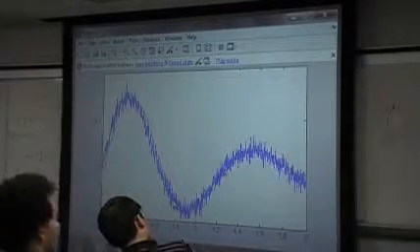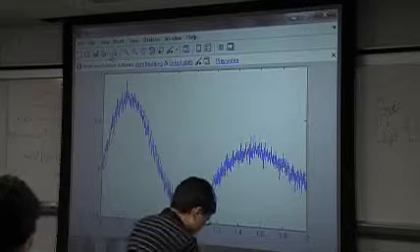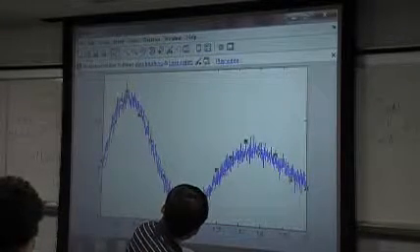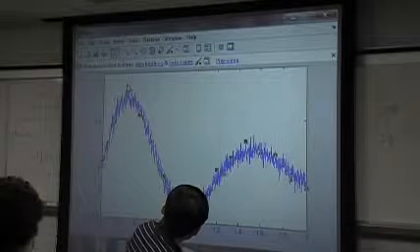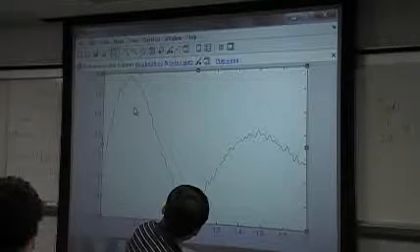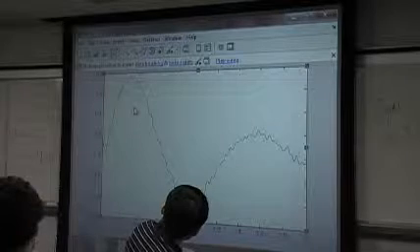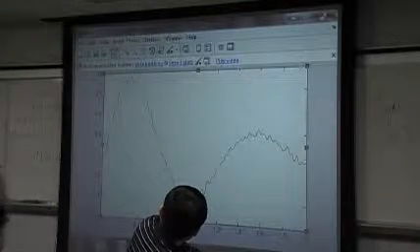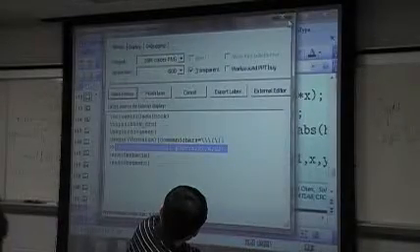This one should be the filtered signal. I can remove the original signal first. So this one should be the filtered signal. It is smoother, but we cannot expect to remove all the disturbances.